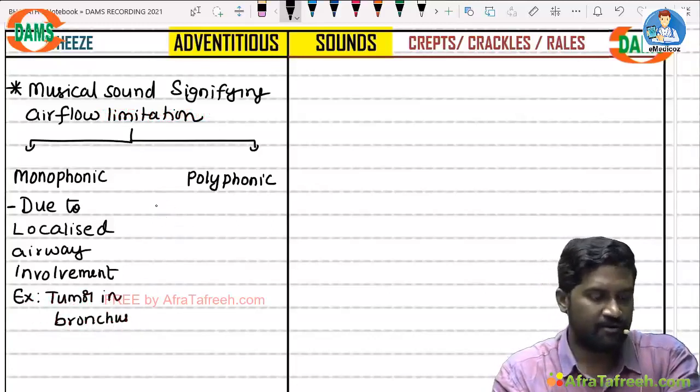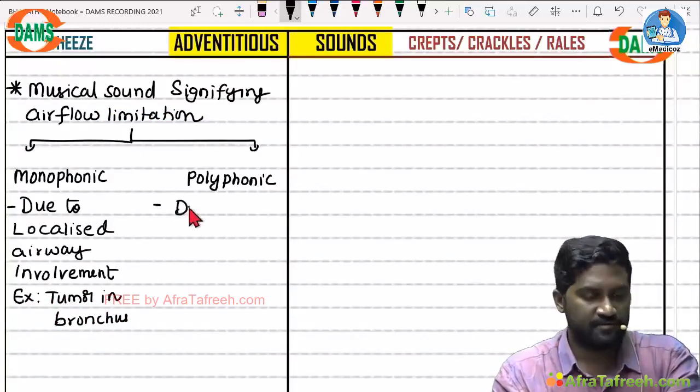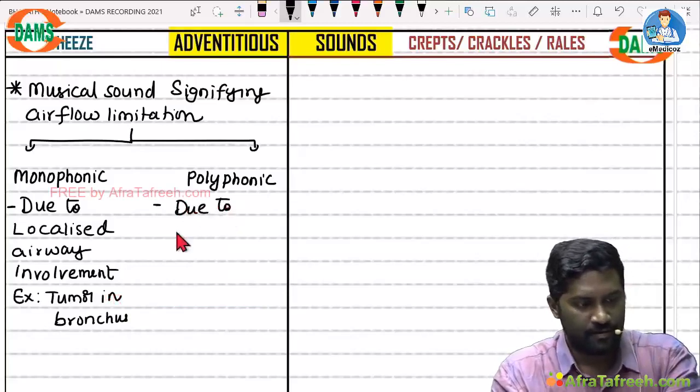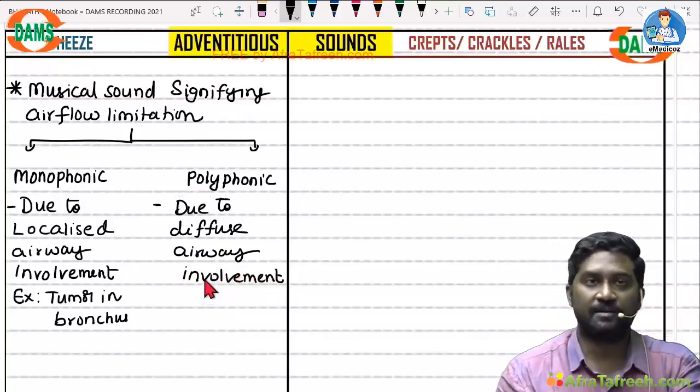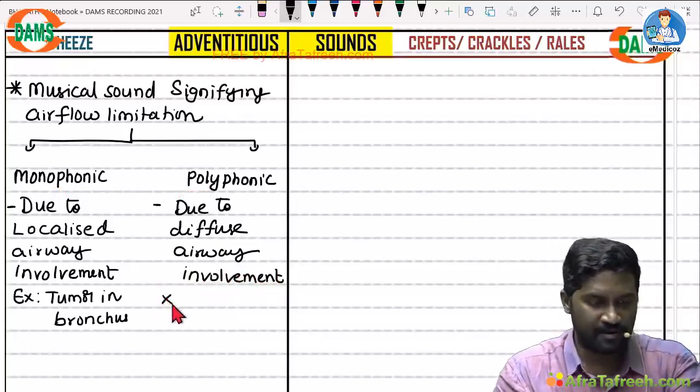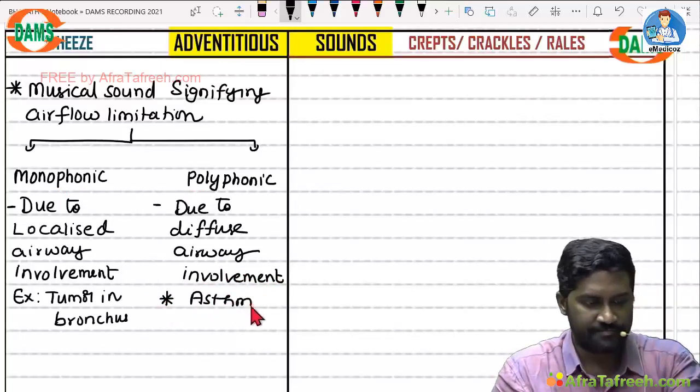Whereas polyphonic wheeze is due to diffuse airway involvement. Now can you tell me, students, in which disease multiple airways are simultaneously narrowed and create wheeze? One is asthma and the other is COPD.